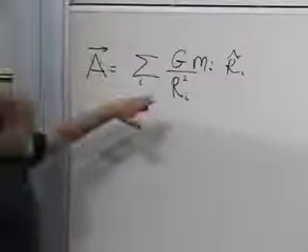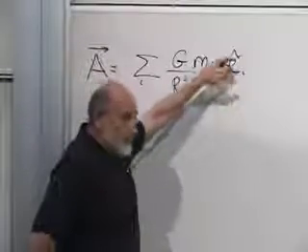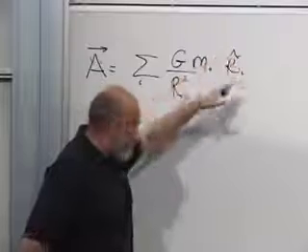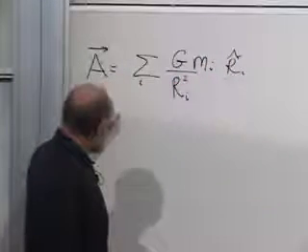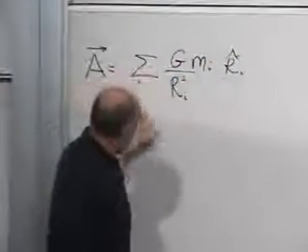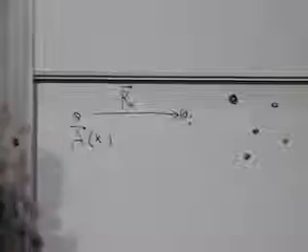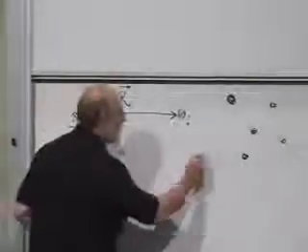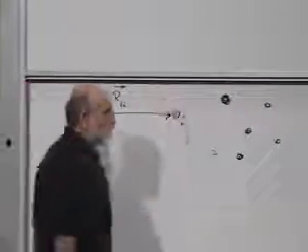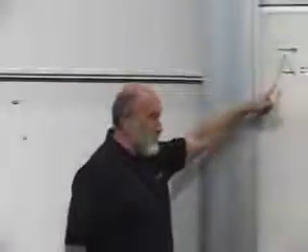All right, so this vector here tells you the direction of things. It tells you the direction of the acceleration, but the magnitude of it all comes from here, and we add them all up. The acceleration on the test mass is a sum of vectors, all different contributions. This depends on position.